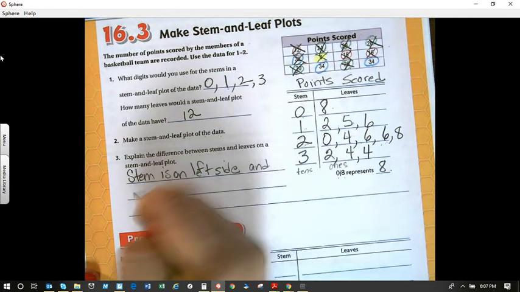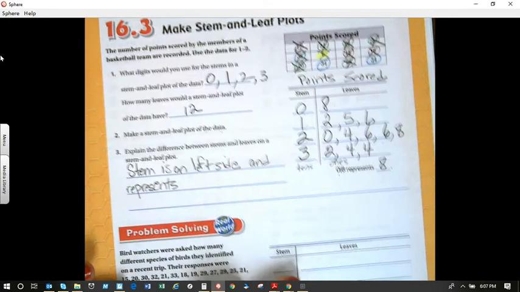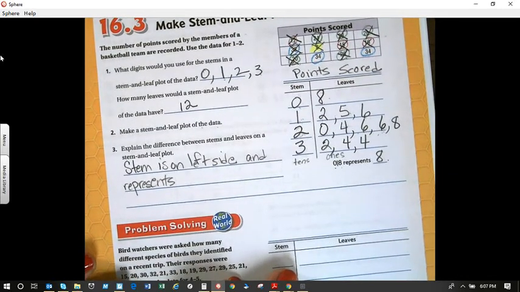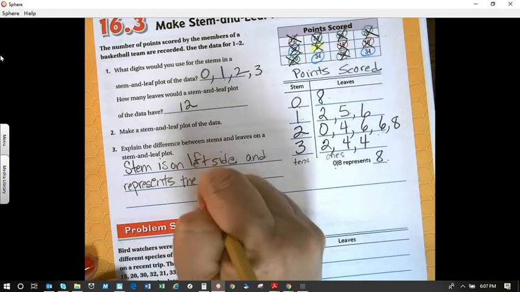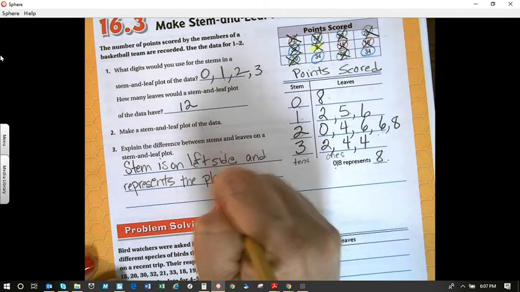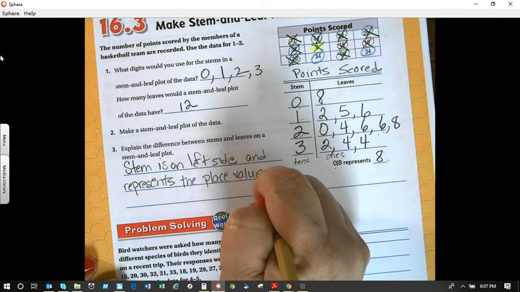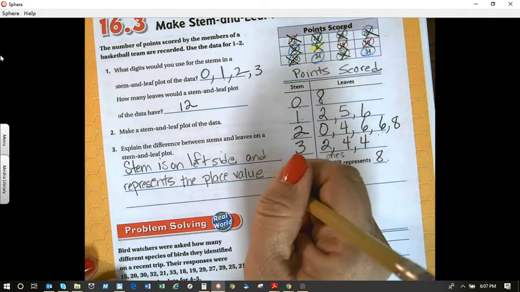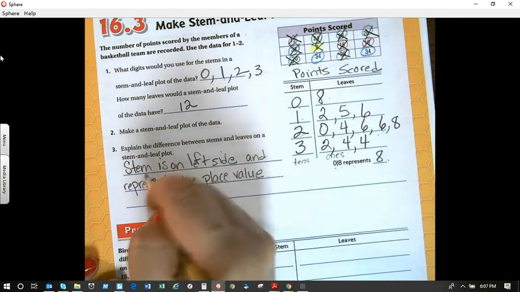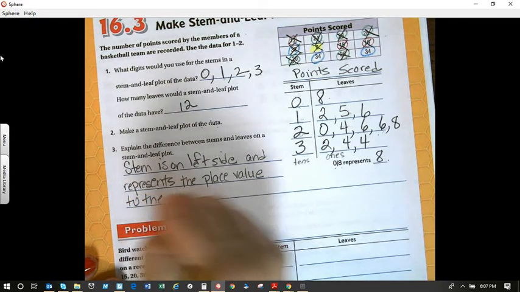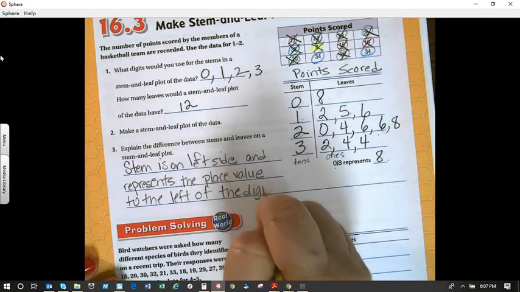And it represents the place value to the left of the digits, which would be the tens place value.